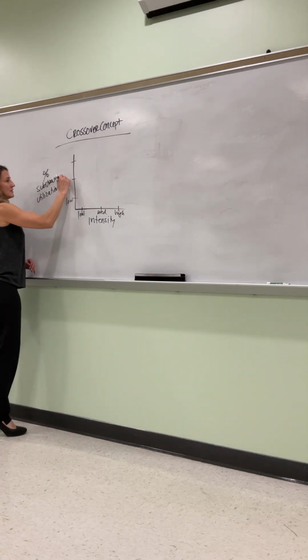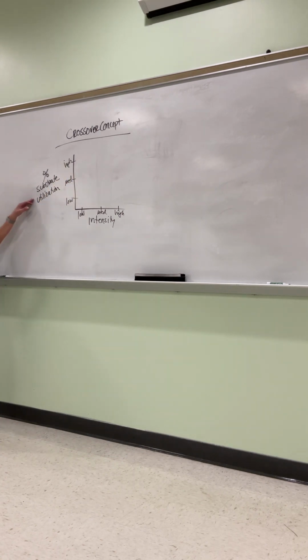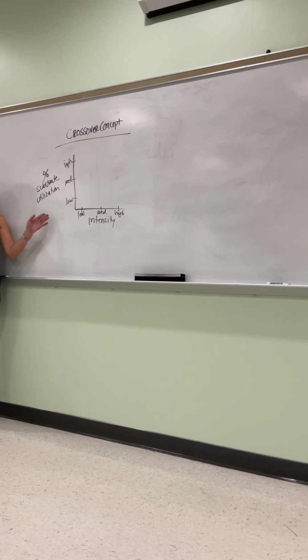Low, medium, high. So this is basically how much we're relying on any substrate at any given time, carbohydrate and fat. What percent are we relying on carbohydrate, and what percent are we relying on fat, as intensity increases?